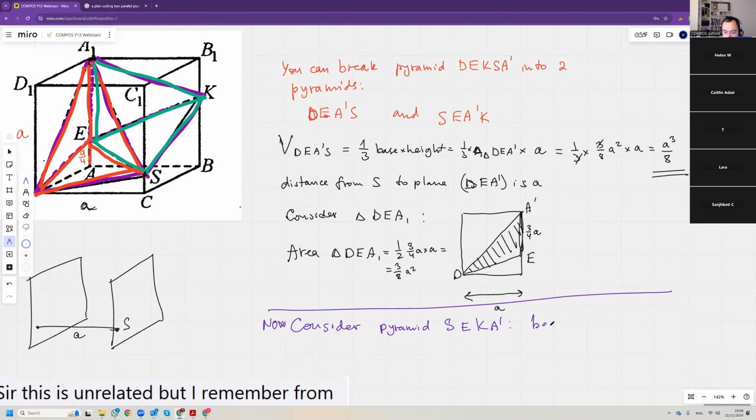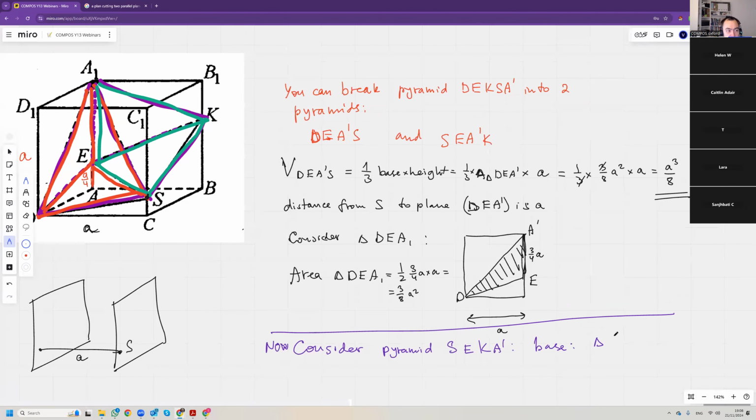The base is triangle EKA'. No, that won't work.